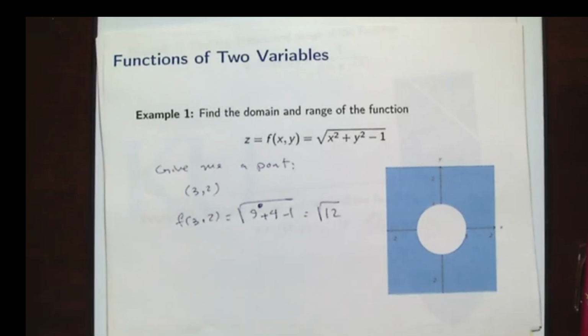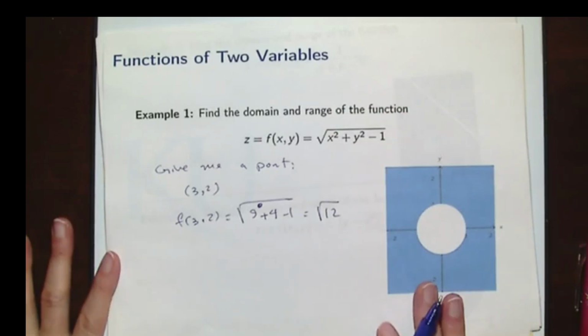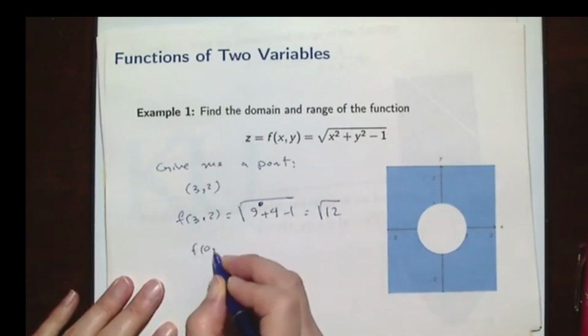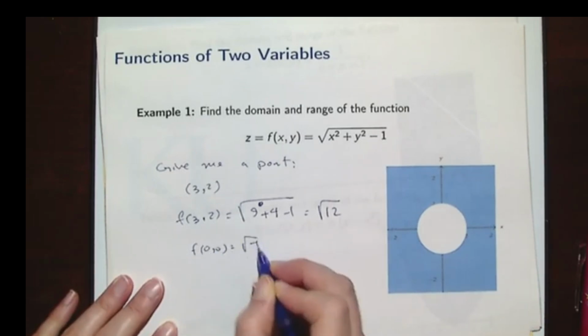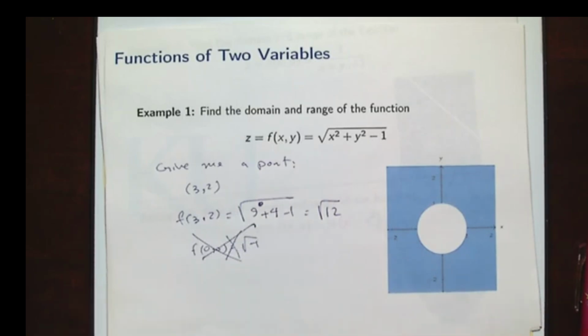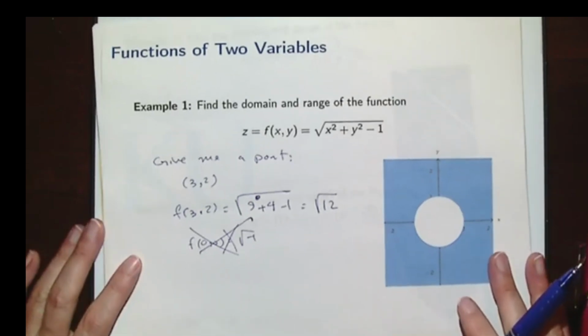Now you guys tell me, what values can I not plug in? Oh, 0 and 0. Can I plug in 0 and 0? No. That's bad. So can you tell me exactly the set of points that I cannot plug in?